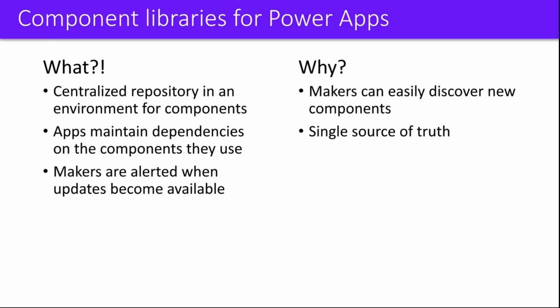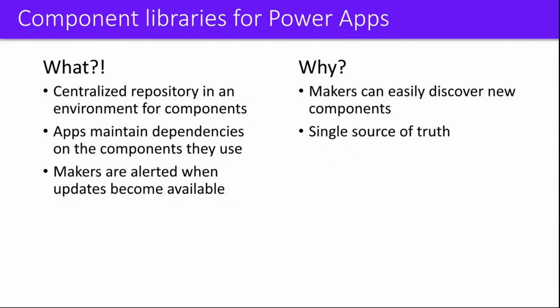And we have that famous single source of truth, which we always like to have, and that makes it also easier to maintain, because we have just like this one place where the components sit and live, where they will be developed, and we do not just like spread that across several apps. And then makers will just like consume those components in their applications and always use the latest version of them.